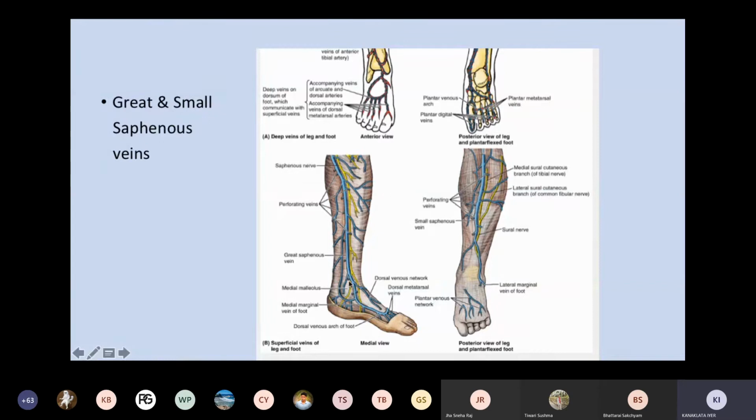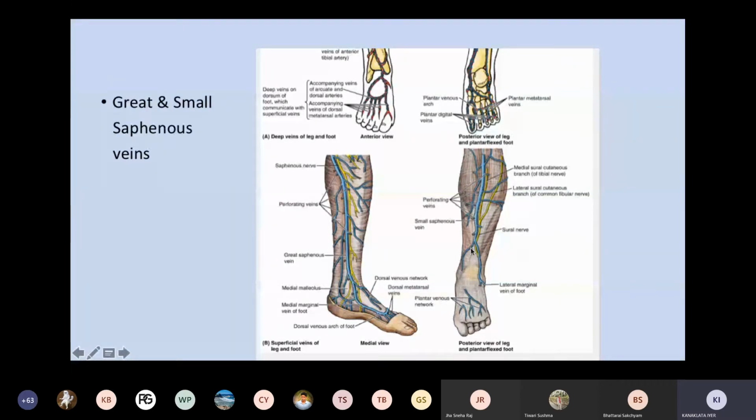Now, the great saphenous vein goes anterior to the medial malleolus. This is the medial malleolus, it is going anteriorly, and as I told you, it lies between the medial malleolus and the tendon of tibialis anterior, while the short saphenous vein goes posterior to the lateral malleolus, and other than the sural nerve, it is not accompanied by any tendon, but of course it is related to this.